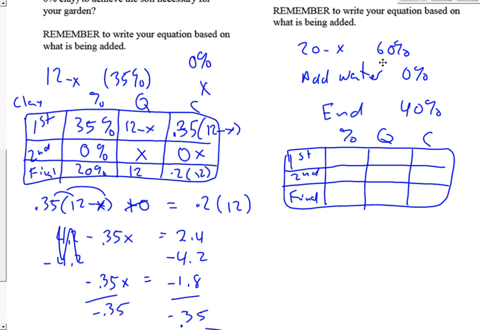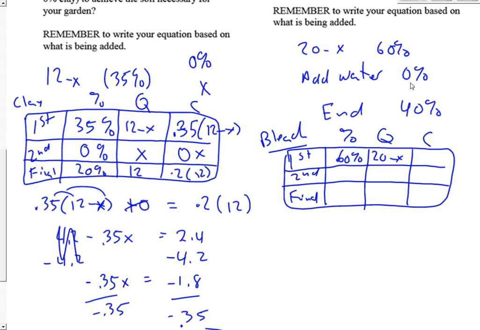So let's see, the percent, the 60%. Yes, we had 20 ounces of it, but we have to pour some out. So 20 minus x. And then we're going to add water. And this is a table with respect to bleach.